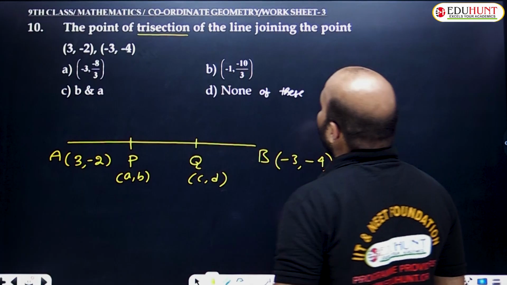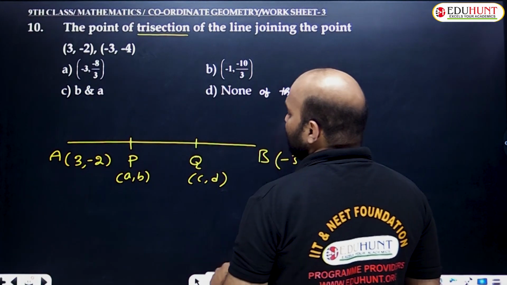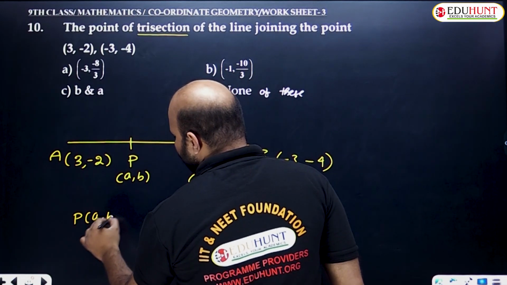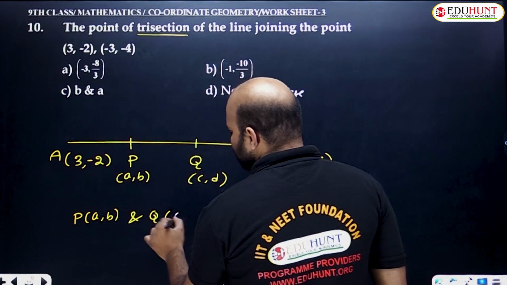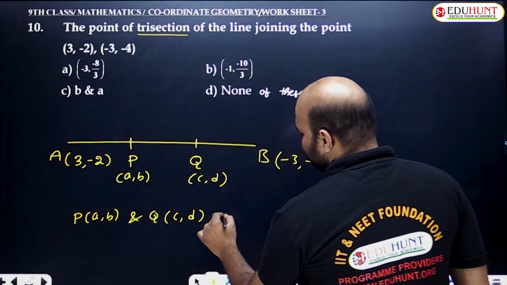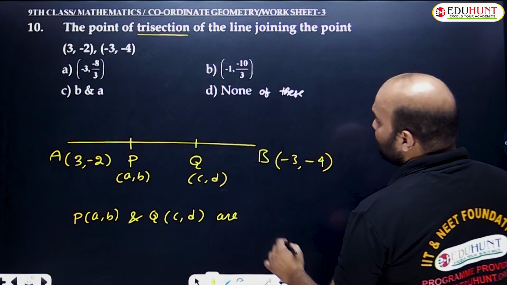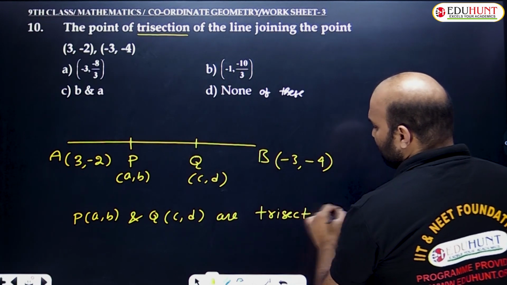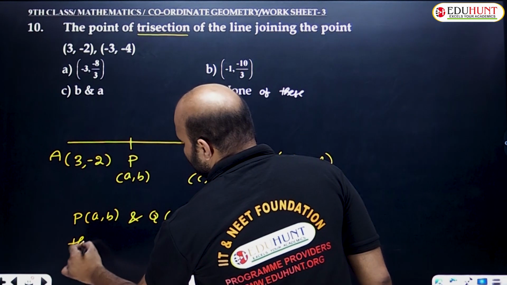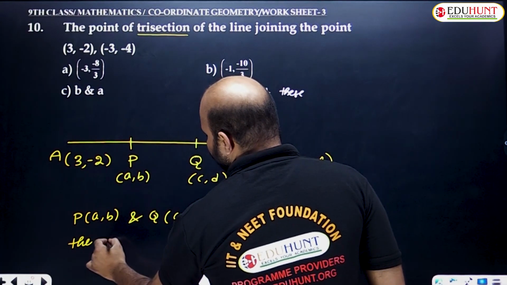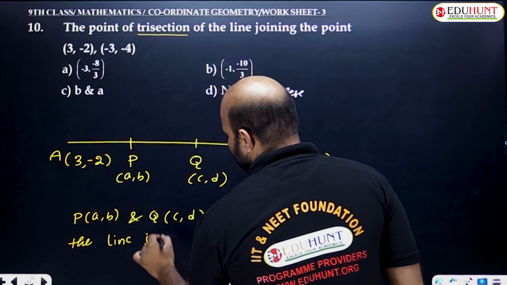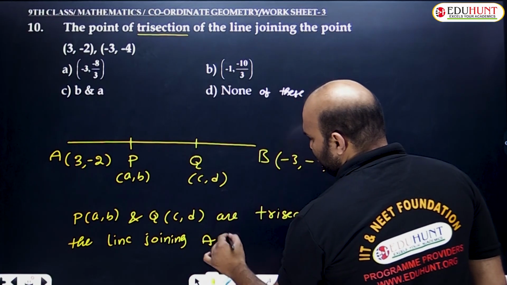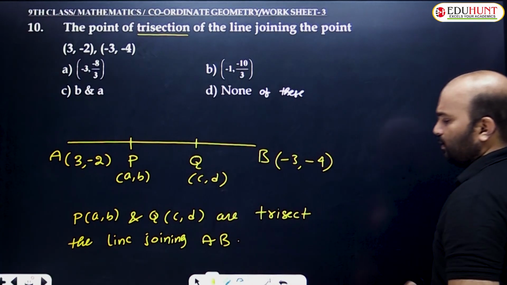First, P divides the line joining A and B in the ratio of 1:2. Am I clear? P coordinates (a, b) and Q coordinates (c, d) are 2 points that trisect the line joining points AB.